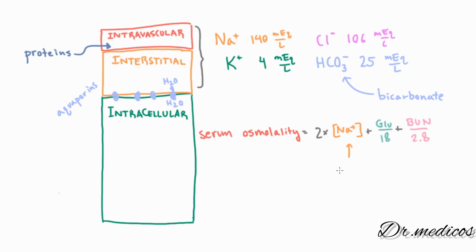Sodium should already be given in terms of milliequivalents per liter, which is like milliosmoles per kilogram, whereas the glucose and the BUN should be given in terms of milligrams per deciliter. And these constants will convert those values into this one.